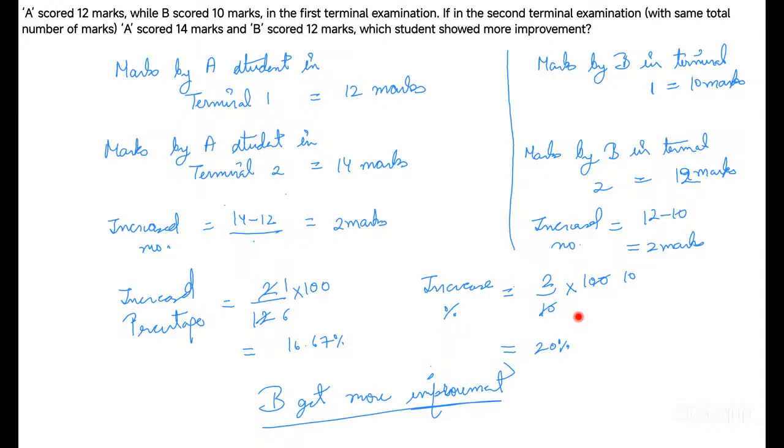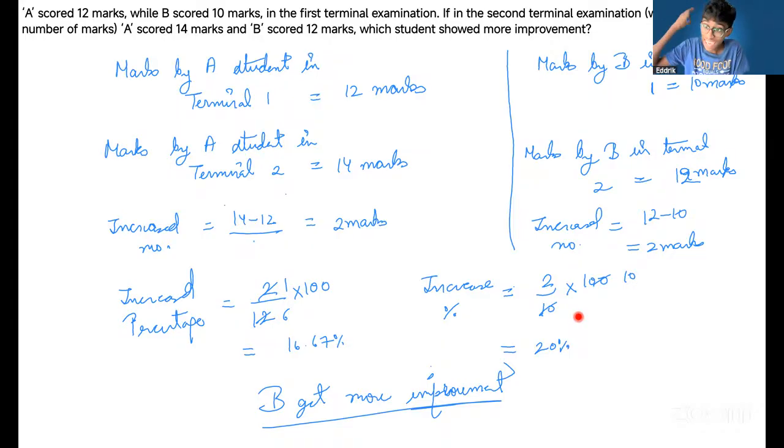Yes, Cedric, now you can tell your method. Okay. So first, in terminal 1, A got 12 marks and B got 10 marks. Then in terminal 2, A got 14 and B got 12.